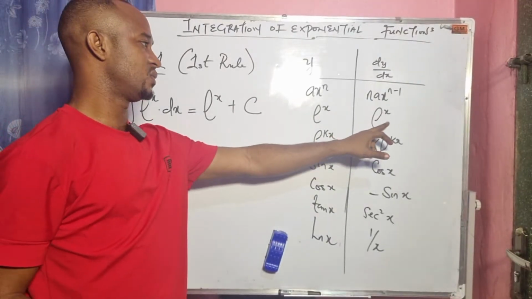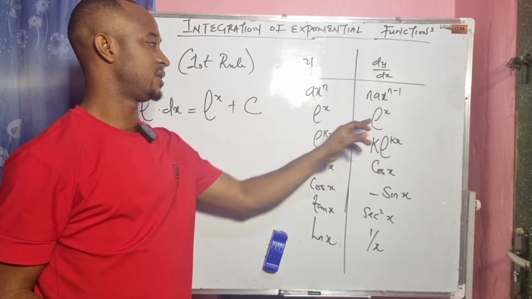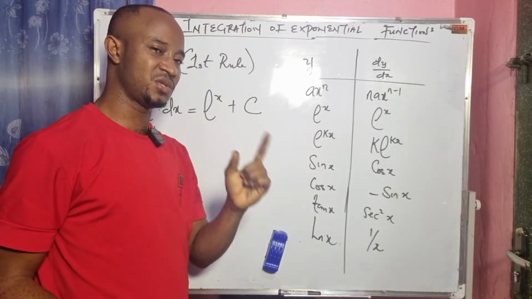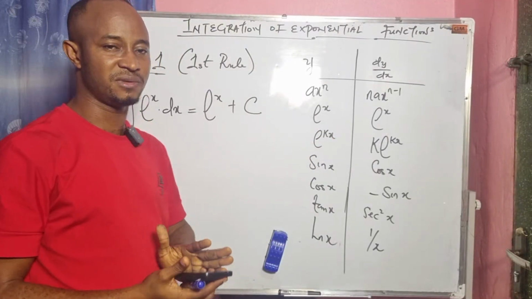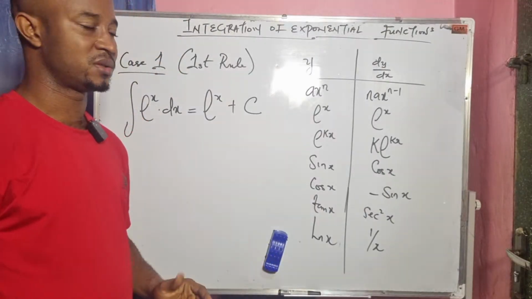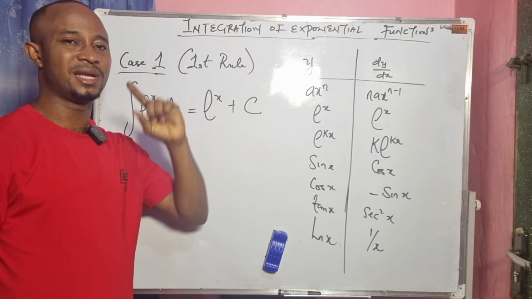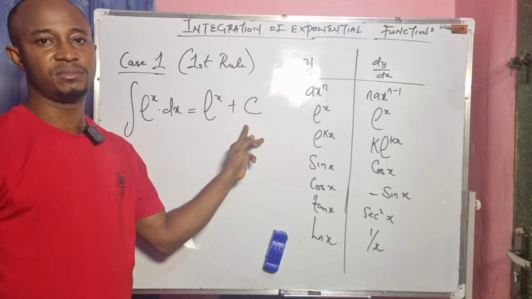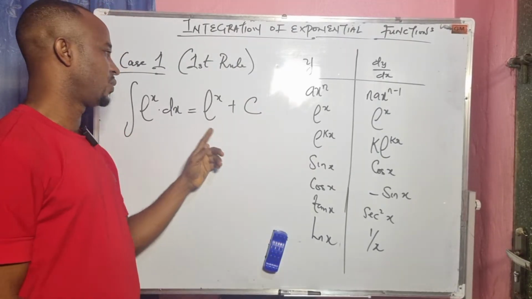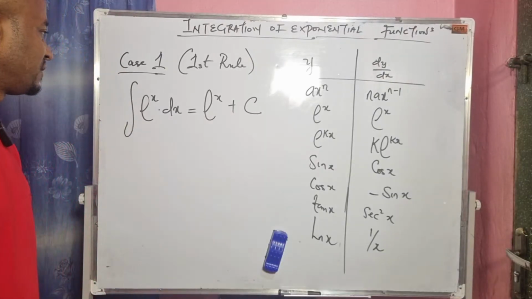Meaning that if we are to integrate e to the x, the result becomes e to the x. But don't forget that differentiation always eliminates constant terms. So when you integrate a function, we have to add back the constant term that was eliminated from differentiation. That means anytime we integrate a function, we have to add a c to it. All right, so please take note of that.